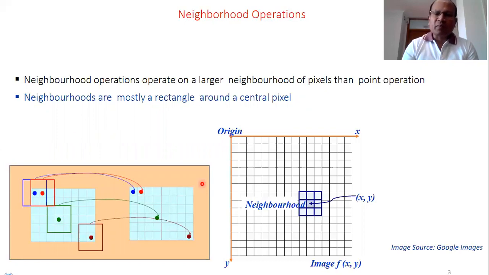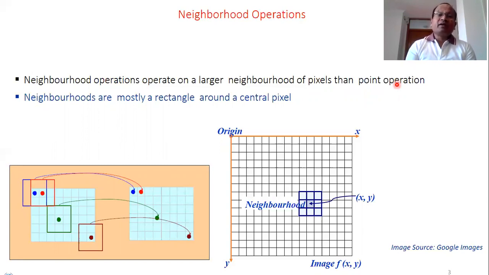Neighborhood operations. Neighborhood operations operate on a larger neighborhood of pixels than a point operation. See what happens in spatial filtering. It can be implemented as point-wise as well as with a mask. In a point-wise operation, we simply choose a pixel value, modify it, and accordingly get the output image.